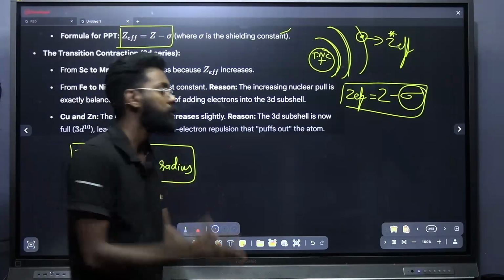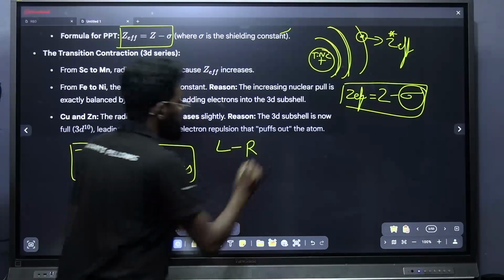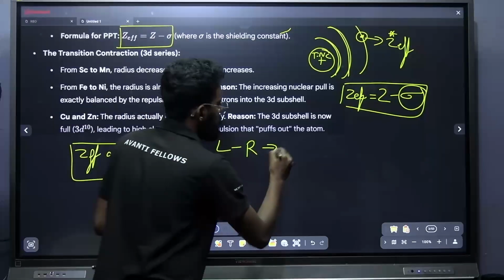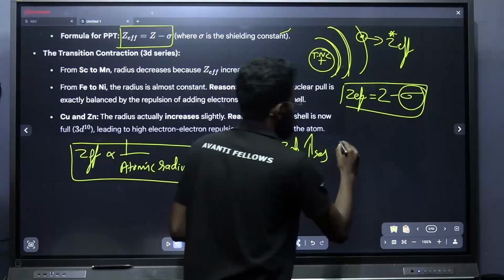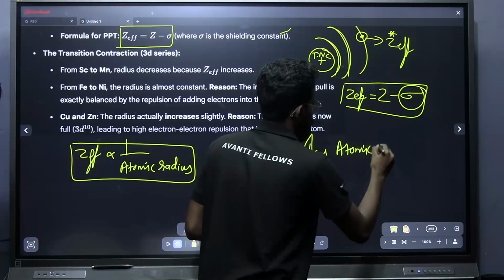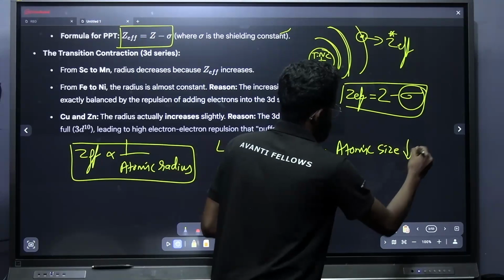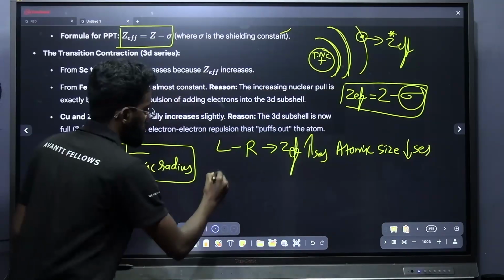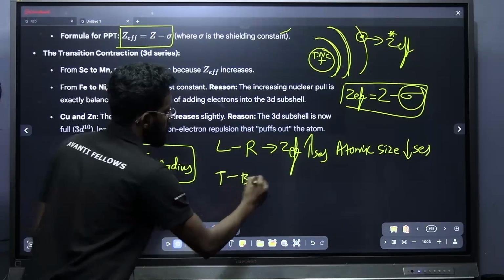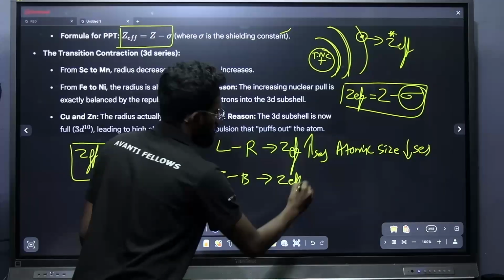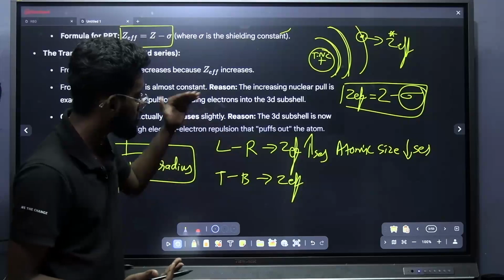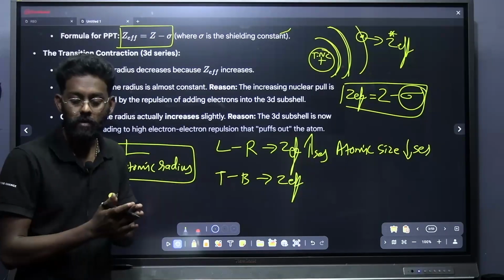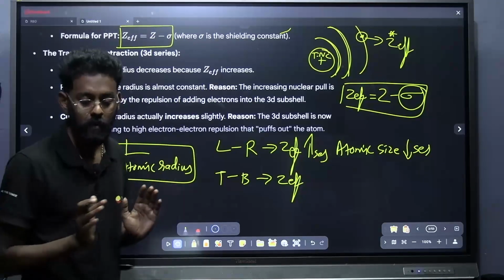That is why, if I am going from left to right, Z effective increases and atomic size decreases. And if I go from top to bottom, what is happening to the Z effective? Does it increase or decrease?